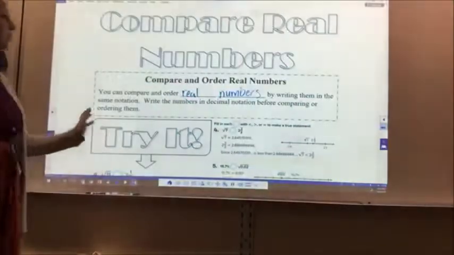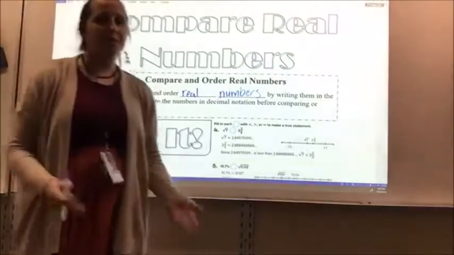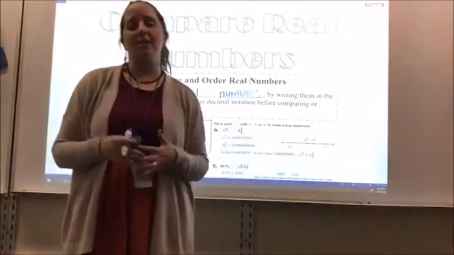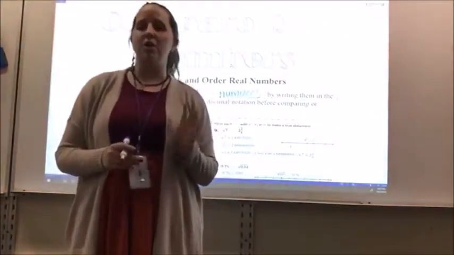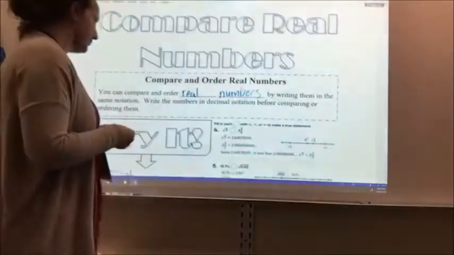You can compare and order real numbers by writing them in the same notation. Write the numbers in decimal notation before comparing or ordering them, all right? You don't have to do it in decimal notation. You can write them as fractions. I highly recommend you do change them to decimals. It will make your life easier, okay?